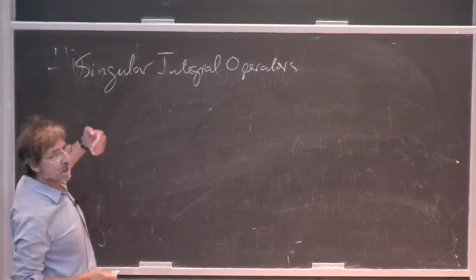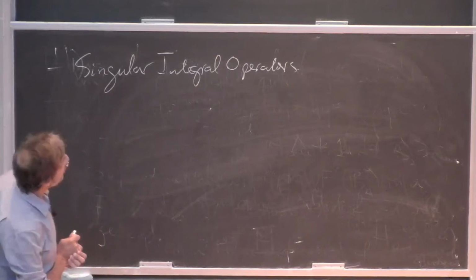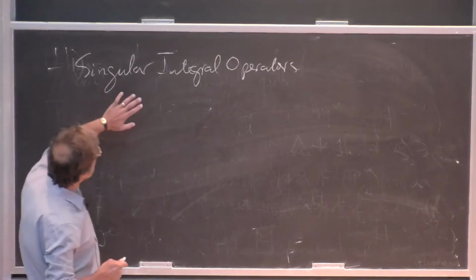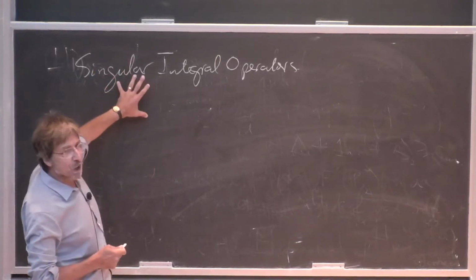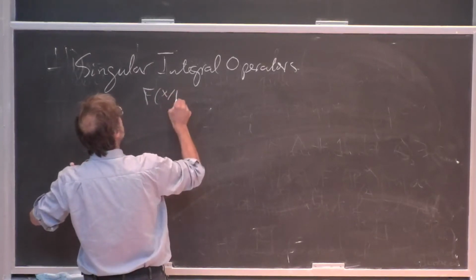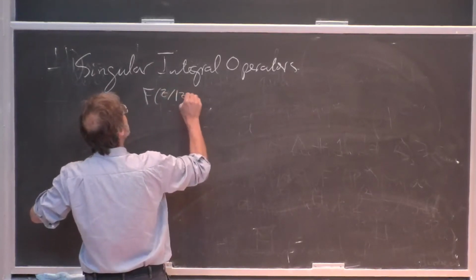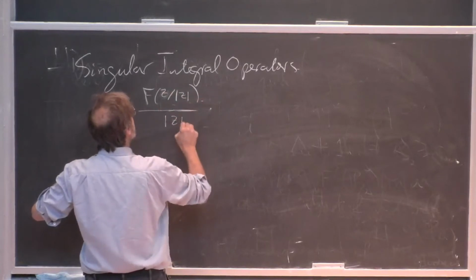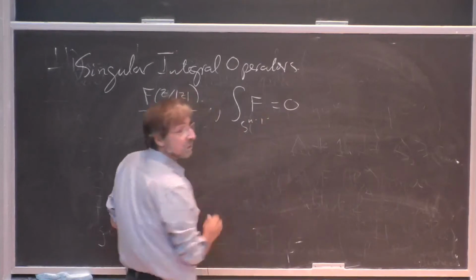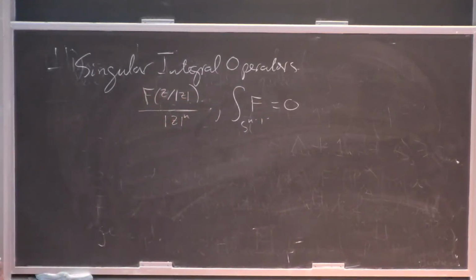But singular integral operators were a special class of convolution operators on R^n, and there was extensive development of what spaces they were bounded on and so on. But it was really a focus on the precise regularity properties of the Schwartz kernel. So this would look like some homogeneous function f(z/|z|) divided by |z|^n, where let's say the integral of f over S^{n-1} is equal to 0. You think of this as a convolution operator. There's a lot of work on this.